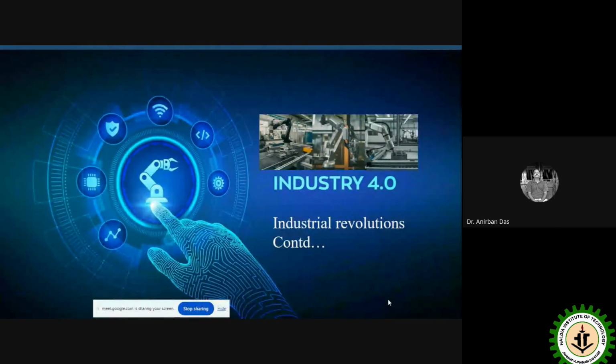And nowadays in 4.0, what is happening? Not only a machine, rather, when a machine is trained by some human, that machine is instructing machine B. So the first machine is intelligent enough as per your choice and desire, and then it tells the second machine to work as per its intelligence.